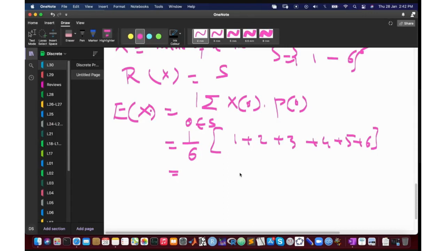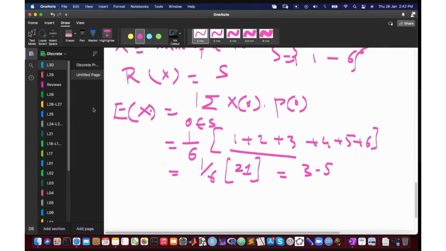let me चलो कर लेते हैं. So you have 6 plus 10, 21. Okay, 21. What's 21 over 6? Okay, so it's 3.5.